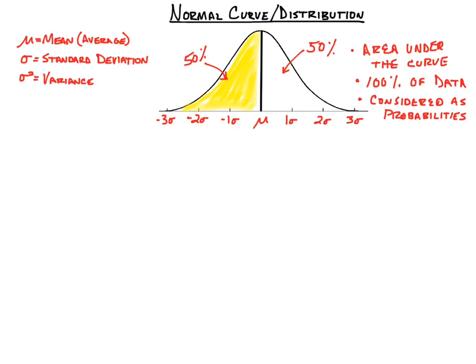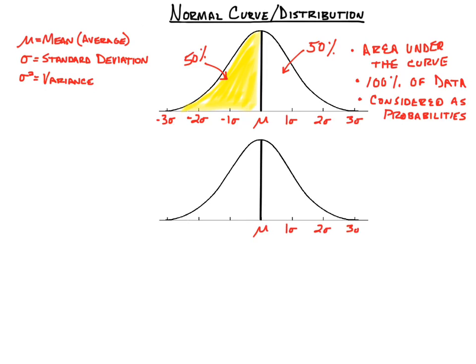Alright, so let's look at another curve here. So we'll label up our means and our standard deviations, and let's look at how this data is distributed in terms of the standard deviations. So one standard deviation on either side of the mean means this space here. When we look at that whole distance, from -1 standard deviation to 1 standard deviation, or as we say, 1 standard deviation on either side of the mean, that is going to be approximately 68% of the data.